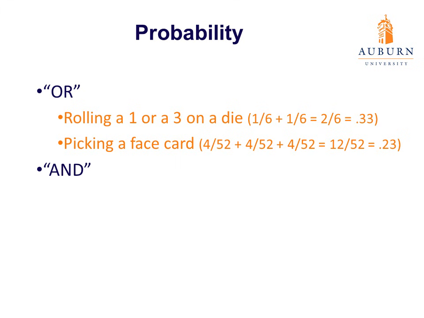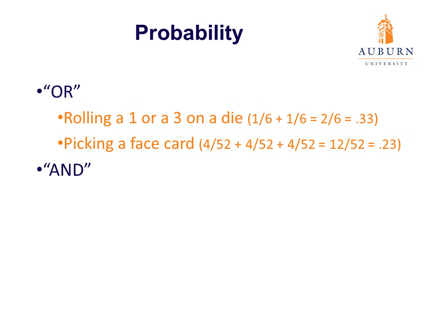We can look at each one of those particular outcomes, whether it's a jack, queen, or king, and create a proportion for each one. For a jack, there are 4 jacks in a deck and 52 cards in a deck, so we can say 4 over 52. Same thing with queens, there are 4 queens in a deck, so the proportion is 4 over 52. The same for kings, so the proportion would be 4 over 52 as well.